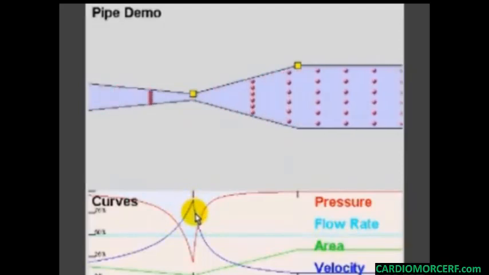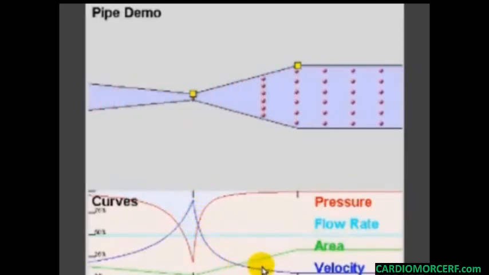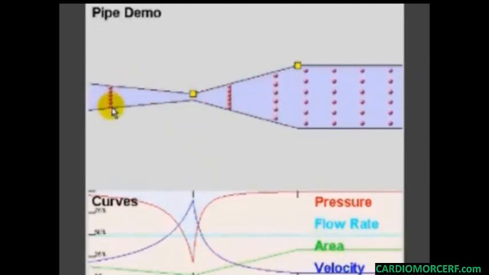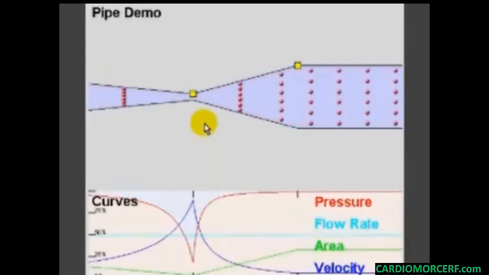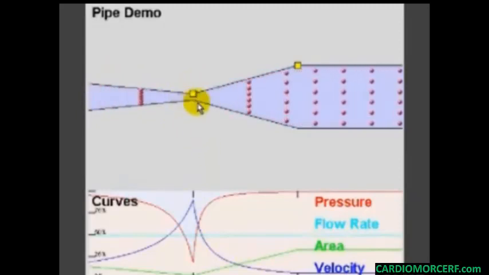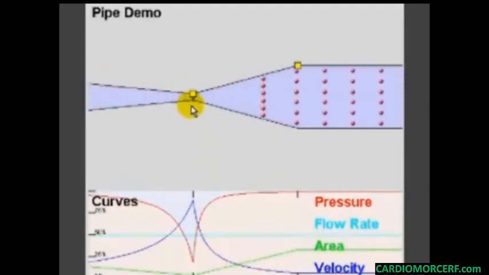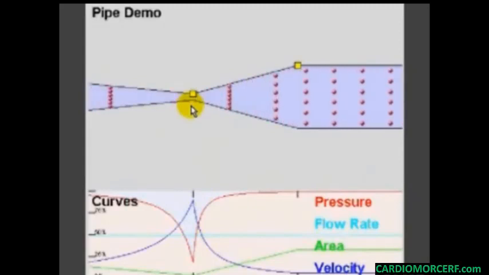But now we have another law that has to be conserved, the conservation of energy law. If the kinetic energy increases to conserve the mass, it means an increase of velocity in this region. Then it is necessary that another form of energy decrease, and the energy that decreases here is the pressure.